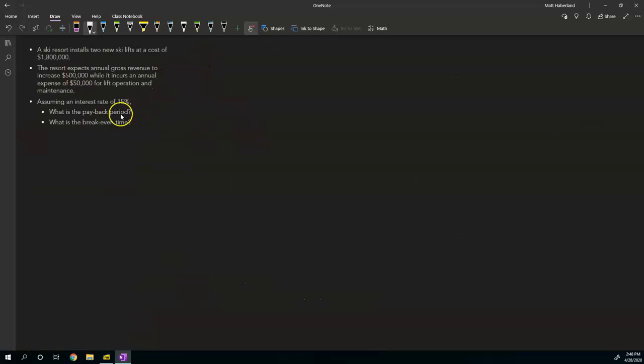So we want to find basically the time for the cost to equal the value. As the name suggests, it's when you get paid back, so you're looking for a net present value of 0. So NPV, in this case, we're going to find out what it is. We've got negative 1,800, let's do this in thousands of dollars, plus 500 minus the 50 for maintenance, and those are every year.